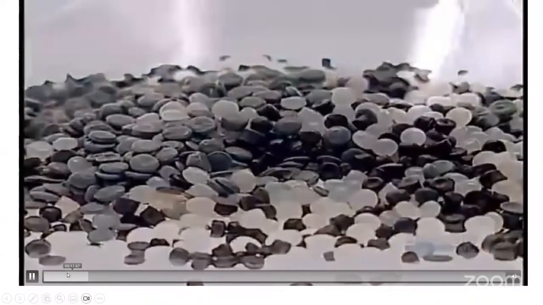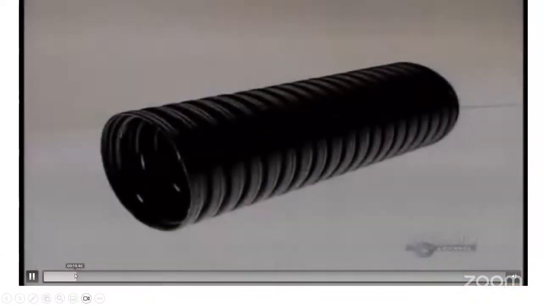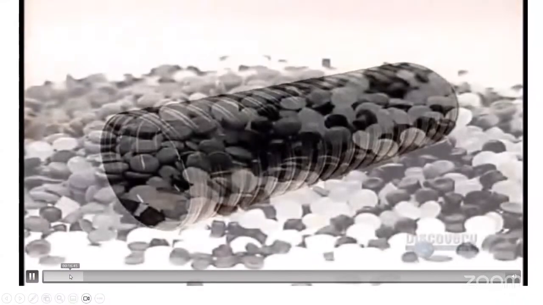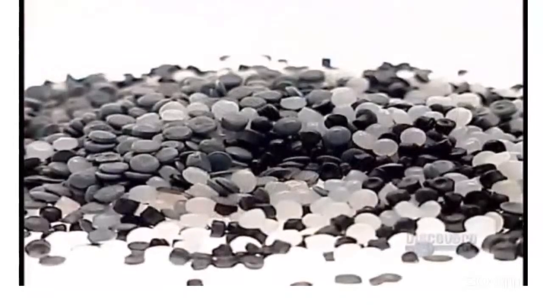It's a corrugated pipe. It is pellets and master batch there. Polypropylene pipe. How does it get mixed?